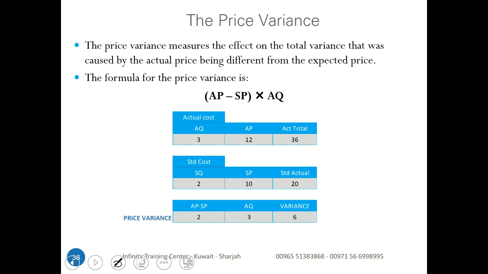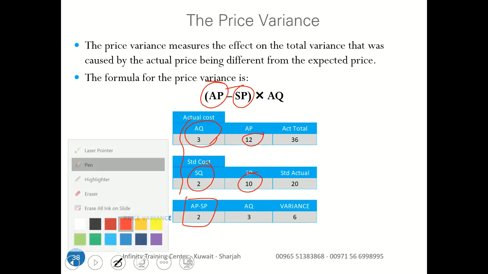Taking the same example, you have actual quantity 3 and standard quantity 2, which we saw in the previous slide. Now what we look at is the actual price, which is 12, and the standard price, which is 10. So AP minus SP, you have a $2 difference in the price.